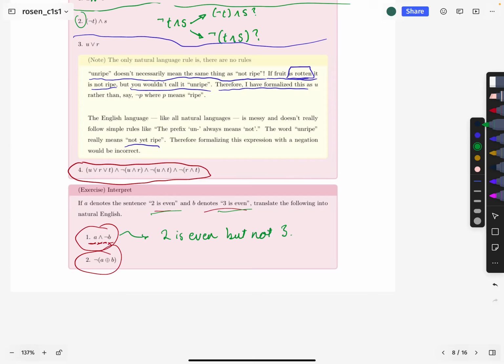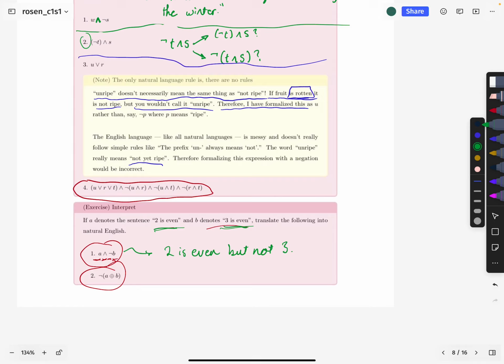Okay. Effectively, let's just say that this means that 2 and 3 have different parity, right? XOR basically means that the two sentences have mismatched truth values. They're both talking about 2 is even, 3 is even, so by XORing them, that basically means that they don't have the same parity.